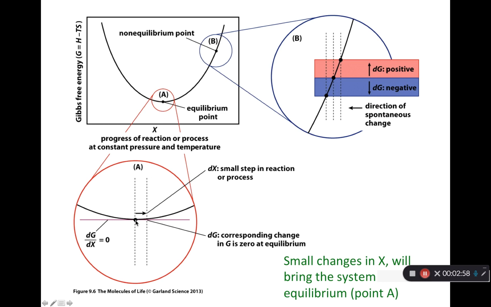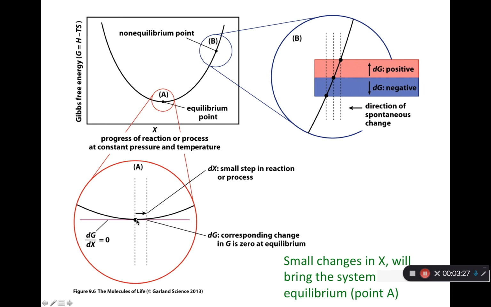If you zoom into point A now, this point is at equilibrium because the change in Gibbs free energy with respect to the variable x is 0. So the slope dG/dx is 0 at this point. So if you make a small change in x to go either left or right, the system will bring you back towards equilibrium because dG, whether you go to the left or right, will become negative and it will pull you back towards equilibrium.